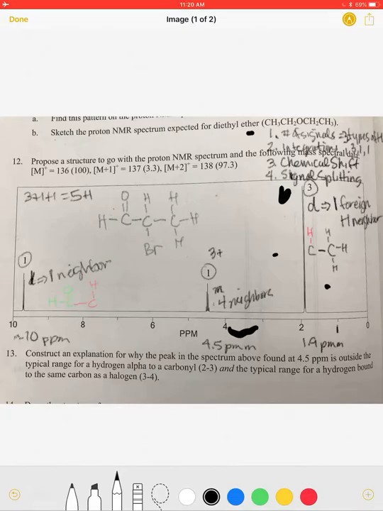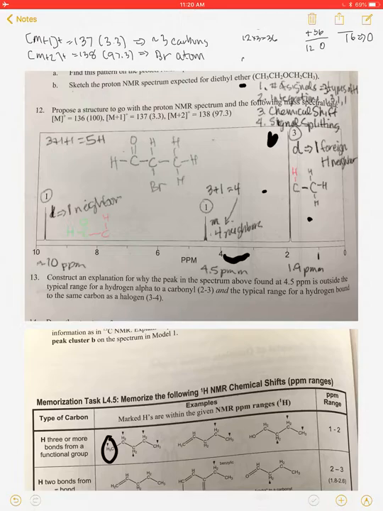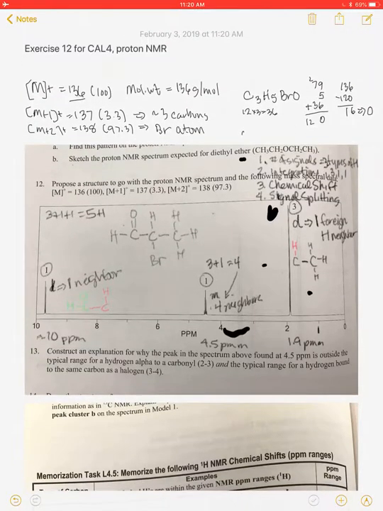So that's 3 plus 1 equals 4. And how many hydrogens do we think it was? 4. So we're doing good with that. And then 1 hydrogen should have 1 neighbor, and 1, 2, 3, yes it does. So things are looking good.